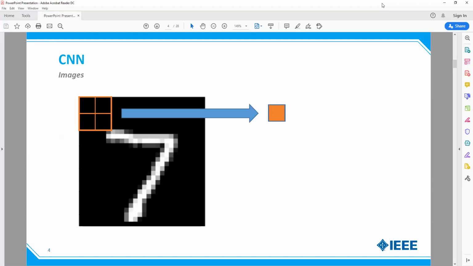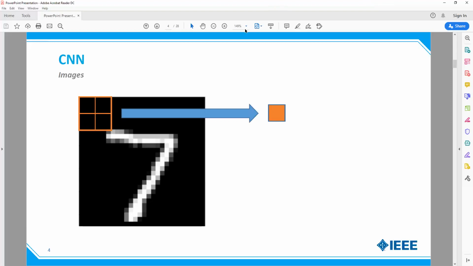For anybody that's not familiar with CNN on images, we'll do a quick recap here. CNN utilizes kernels to understand the features of the input space.